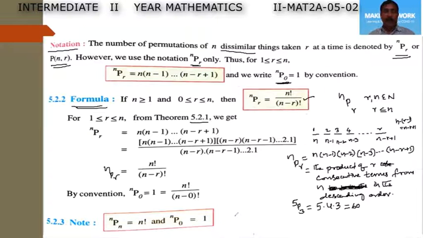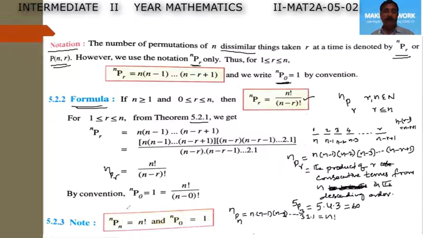And here we have a note, nPn. That means the number of permutations by taking all elements at a time. That gives what? It is the product of n consecutive numbers from n to 1: n into (n minus 1) into (n minus 2) and so on up to 3 into 2 into 1. That is equal to n factorial.